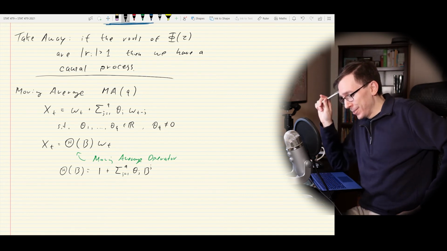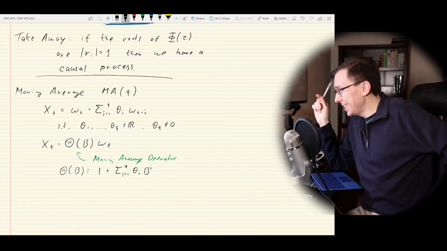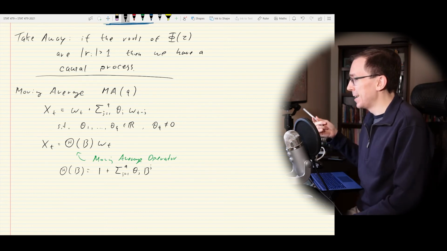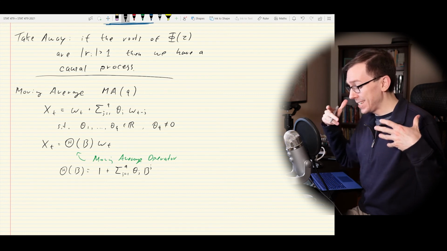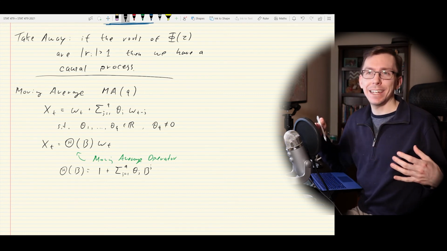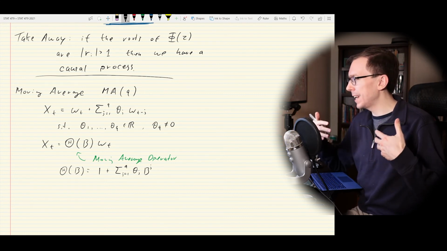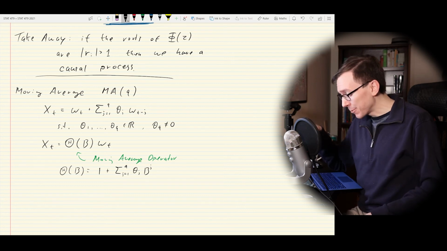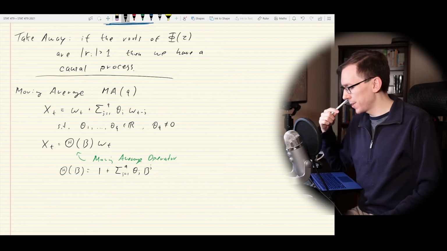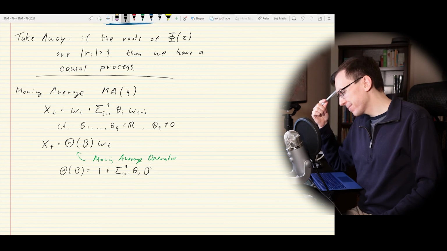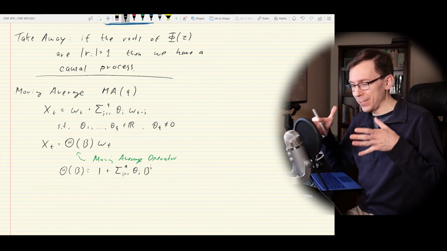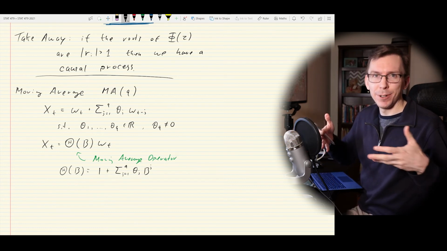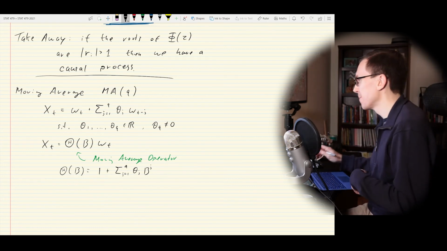Okay, so we can proceed similarly, but once again, if we wanted to do statistics, we would have data that would presumably come from, say, a moving average process, and we'd want to estimate it. We'd want to estimate the thetas, so I have to make sure the things that I'm estimating are unique or identifiable in a statistical context.